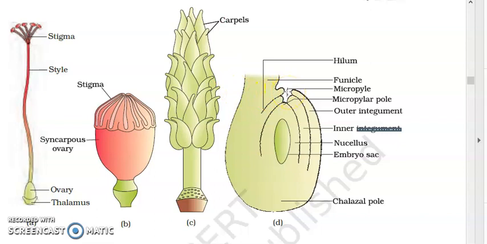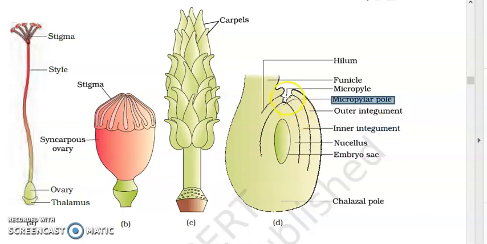or a live session. So this is the point of entry. Now this point of entry where the integuments are missing is called the micropylar end, the micropylar pole of the megasporangium, or simply the micropyle.